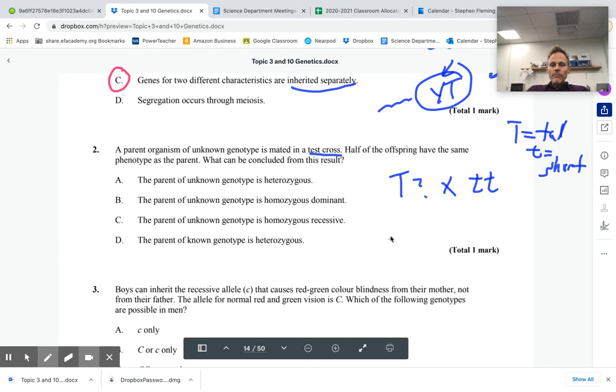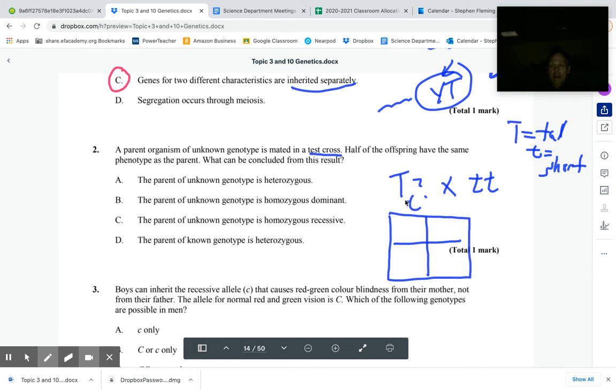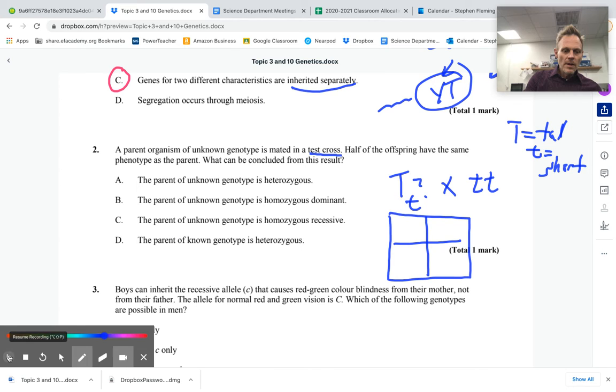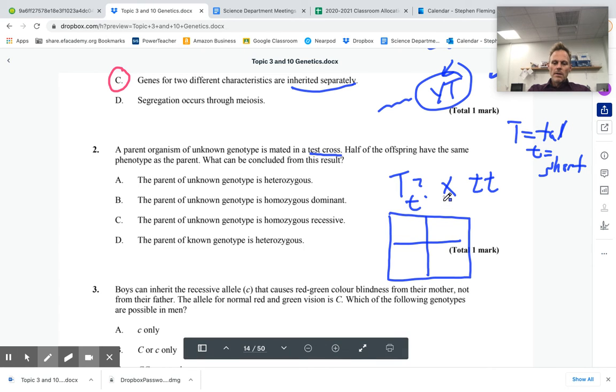So if half the offspring are the same as one of the parents, then we know that one of the parents must be heterozygous. So here's the homozygous recessive, and let's just look at that.